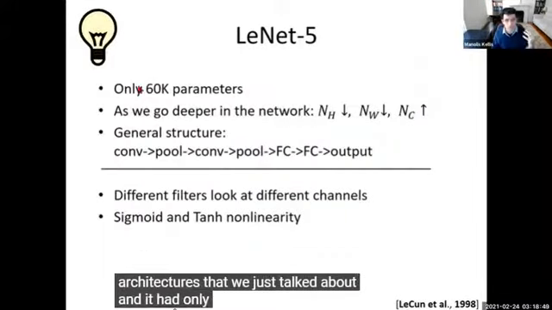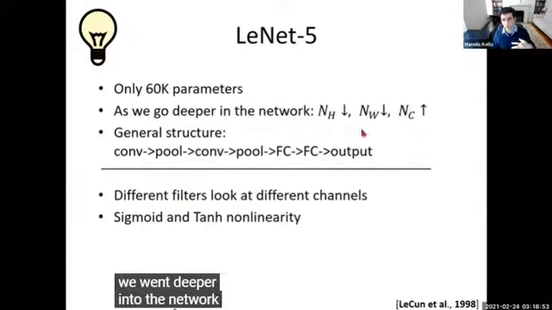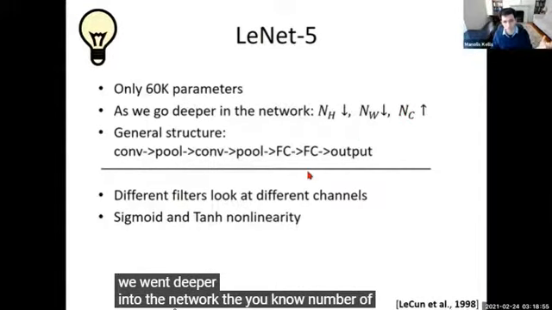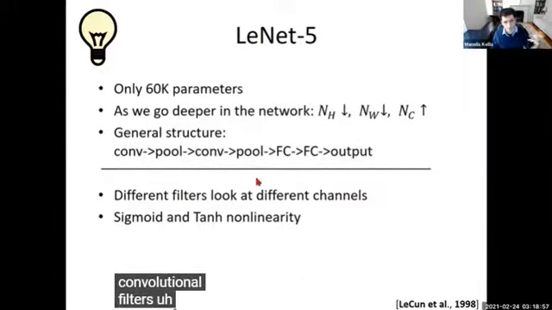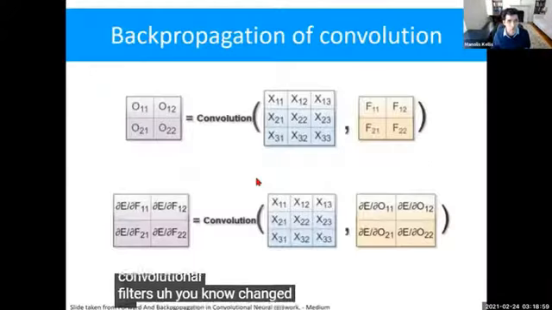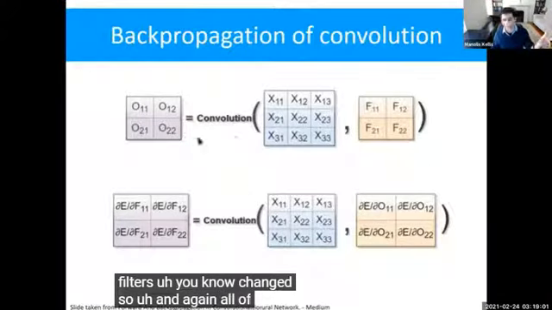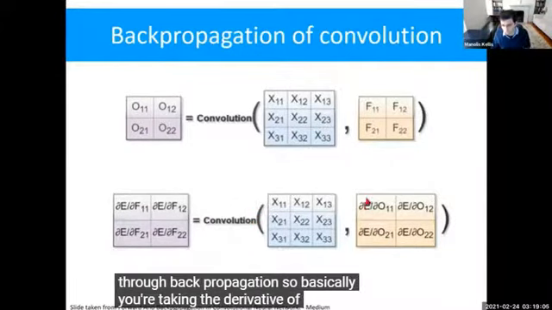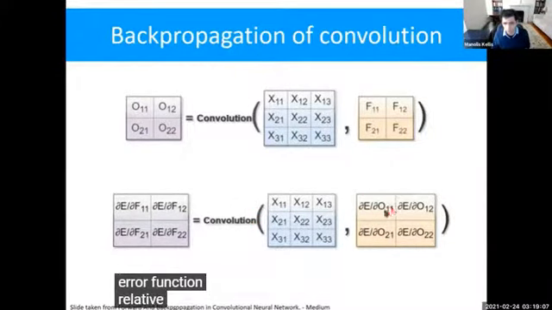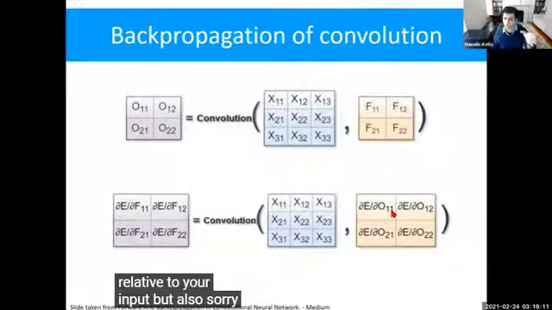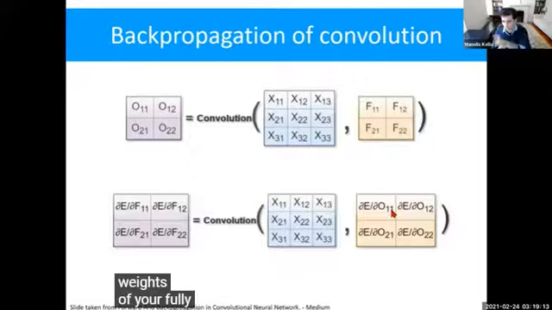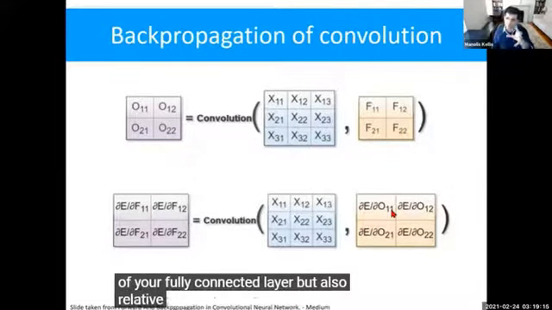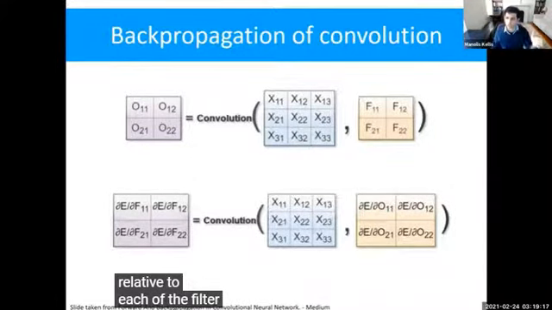And it had only 60,000 parameters, but as we went deeper into the network, the number of convolutional filters changed. And again, all of this is done through backpropagation. So basically you're taking the derivative of your error function relative to your input, but also relative to your weights of your fully connected layer, but also relative to each of the filter parameters.